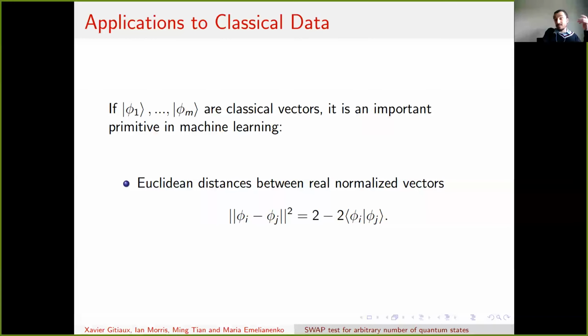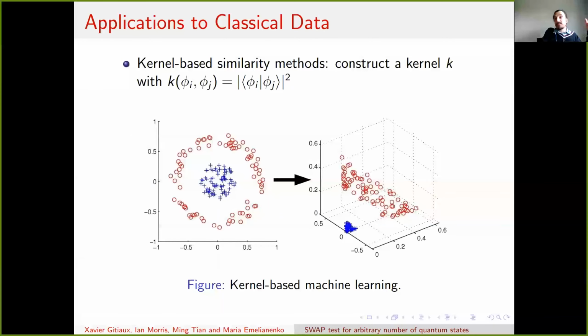Further than that, one simple idea in machine learning is the following problem. Looking at the left side of this graph, you have some data, some red and some blue, and the goal is to find a simple line that will separate the red from the blue. Clearly on the left you cannot do that because you really need to draw a circle.